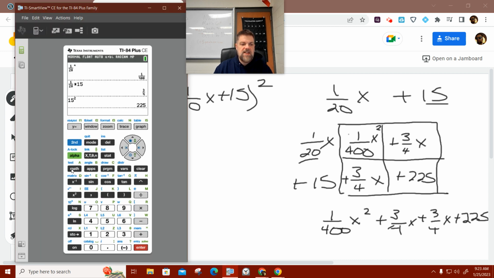So I'm going to do that. I'm going to hit math. Going to enter in the fraction. And I'm going to say 3 divided by 4 plus, now I'm going to enter in the fraction again, 3 over 4, hit enter, and it's 3/2.